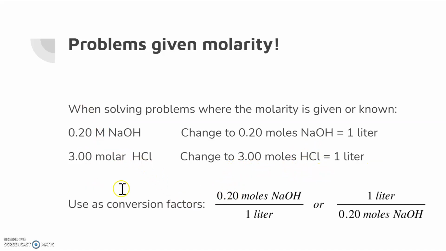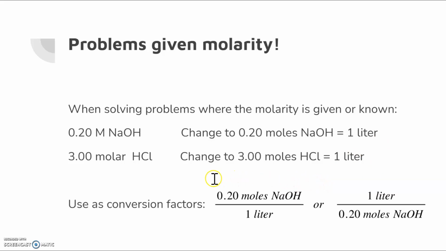So when you see these units, they are not 1 unit. They are actually 2 units, which makes them a conversion factor. So go ahead when you have a problem with molar or capital M, both molar, change it to the equivalence, 0.20 moles of sodium hydroxide equals 1 liter, or 3.00 moles of HCl equals 1 liter, and use that as a conversion factor.